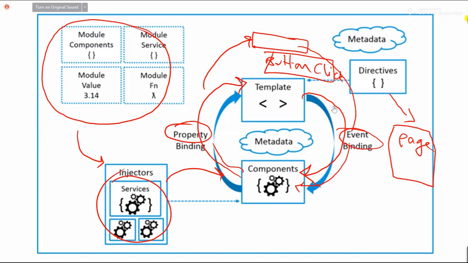All such information is present in metadata. Components have metadata which is used by the compiler to understand, access and use the component. The components and directives are accessed and used in your page with the help of their metadata. That is what this basic architecture is.